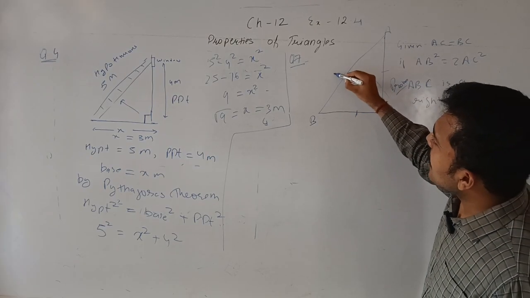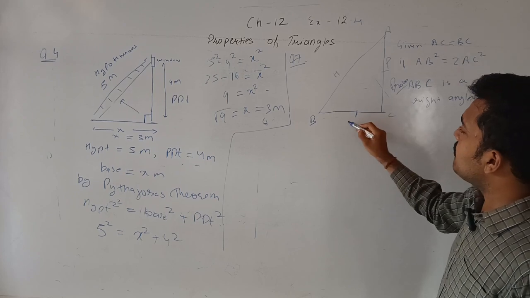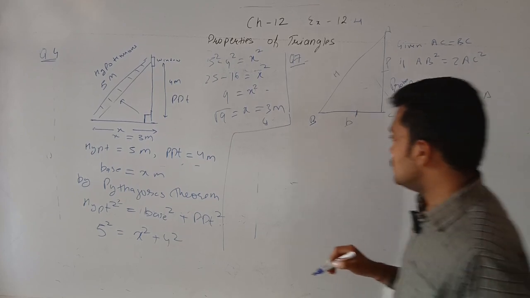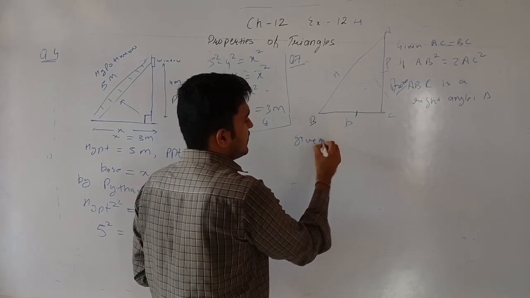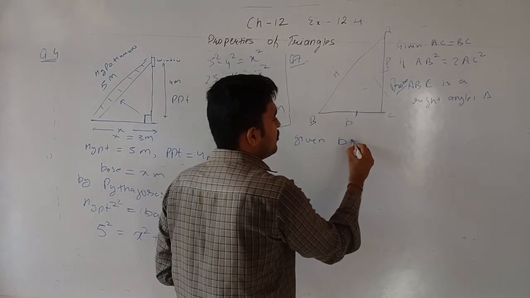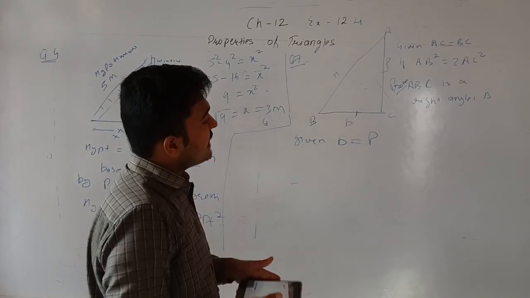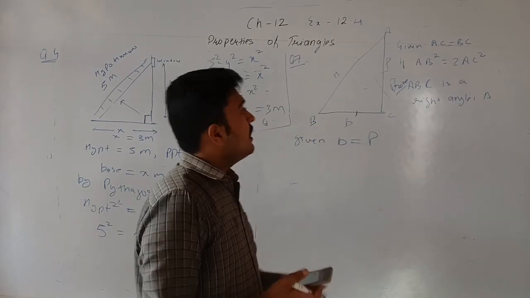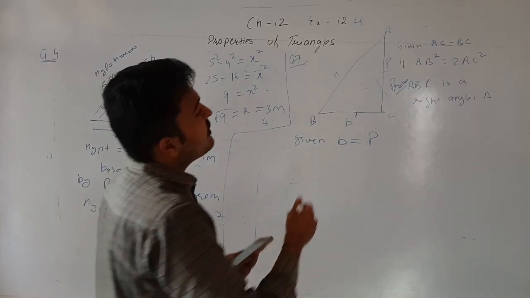So the side opposite to the right angle is the hypotenuse. Let AC be the perpendicular P and BC be the base B. It is given that base is equal to perpendicular, since the two sides are equal, and the hypotenuse is h.